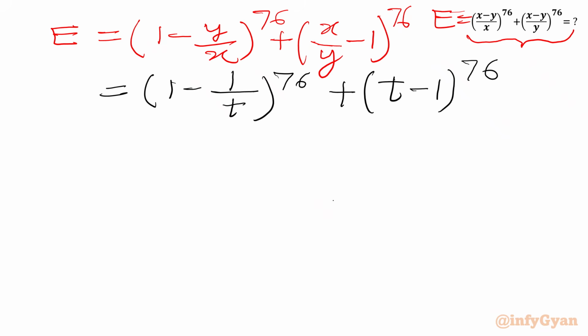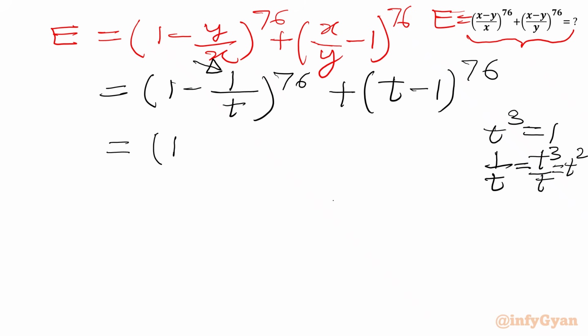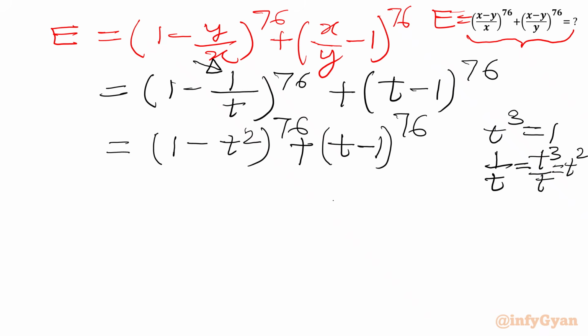Now we have result t cube equal to 1. So in place of 1, we can write t cube. I am taking 1 over t equal to t cube over t, which will be equal to t square. So in place of 1 over t, we can write t square. So 1 minus t square whole power 76 plus t minus 1 whole power 76.